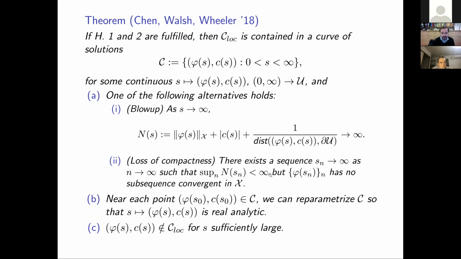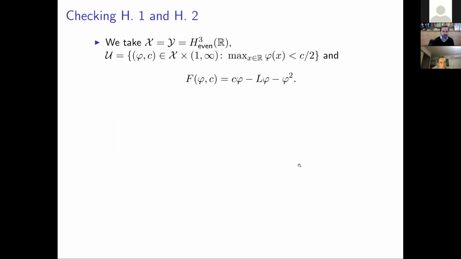But in this case, when we're thinking about solitary waves, there is this loss of compactness alternative, which they include. So even if this quantity remains bounded, it could be that you don't have a convergent subsequence. This is something you would not get in the periodic setting. Okay, maybe I can go on for a few minutes and say something about how we implement this.